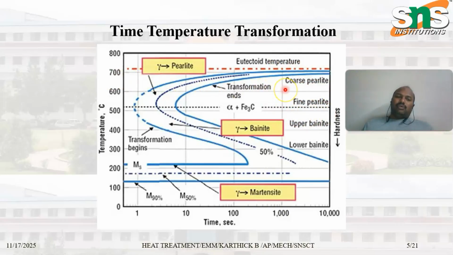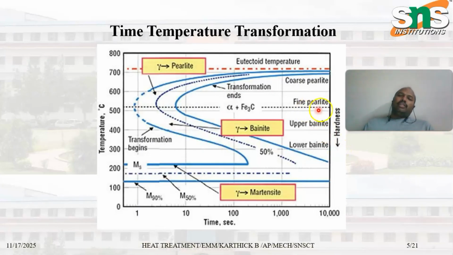Okay. The next one is that if I need a fine pearlite, I have to cool it fast from 800 degrees Celsius to this point, something around 550 or 580. Then I have to hold it there, and cool down to the fine pearlite region. So when compared to the coarse pearlite, I get a fine pearlite.